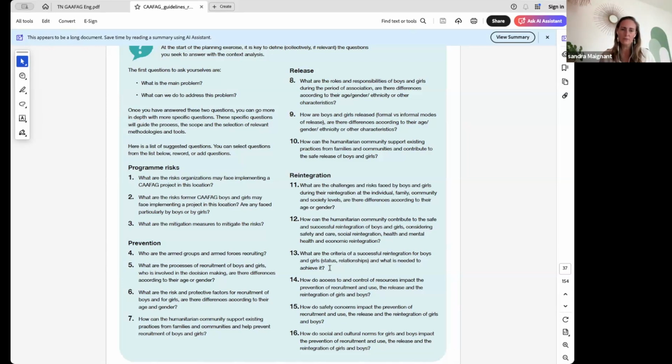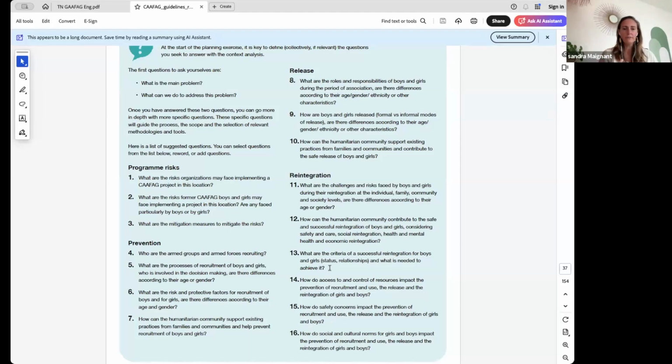So it's important to ask the question separately to boys and to girls, so that you understand what the signs are, what attributes say, yes, I feel reintegrated in my community when X, Y, and Z. And this can help you to design your reintegration program, but also to measure it.